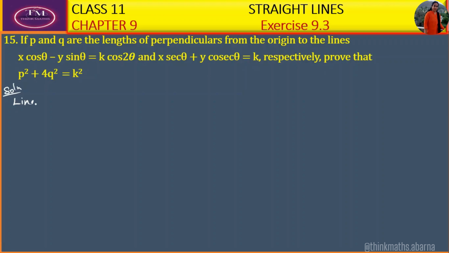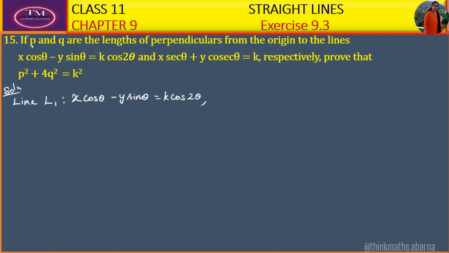There is a line L1. So let us keep the line L1 as x cos theta minus y sin theta equal to k cos 2 theta. So what is the length of the perpendicular to L1? It is P. Okay.